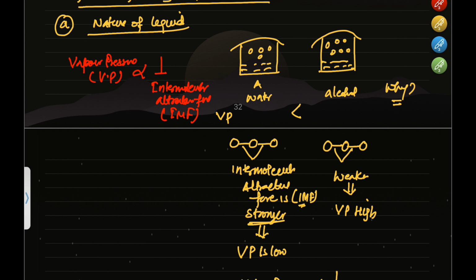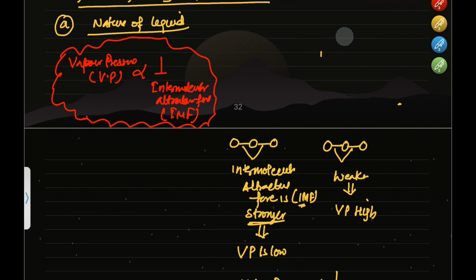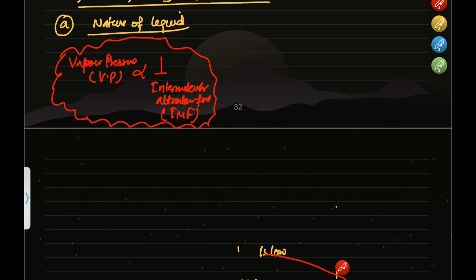If the intermolecular attractive force is strong or high, vapor pressure is low. Keep this in mind. Okay, let's delete all this. We only have to keep in mind that vapor pressure is inversely proportional to the intermolecular force between the molecules.